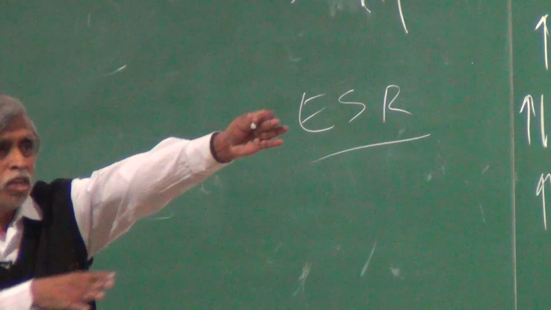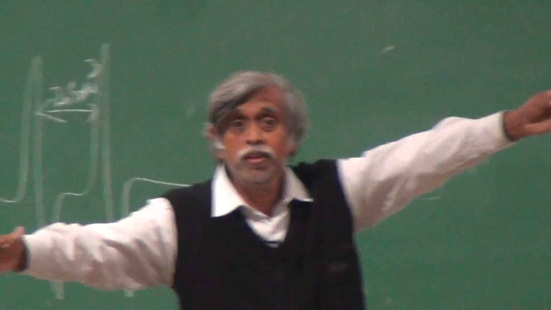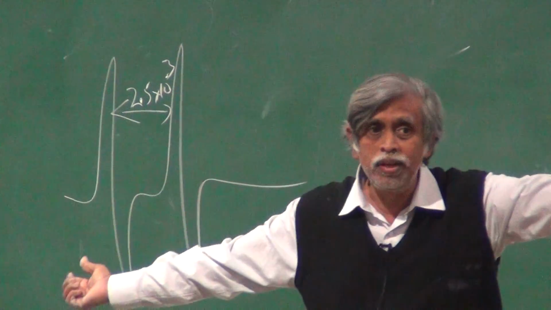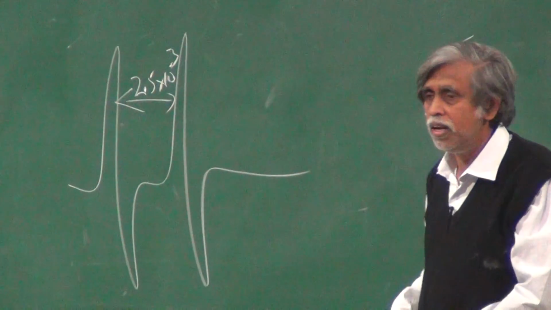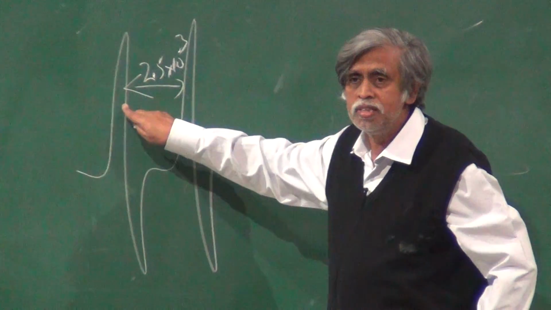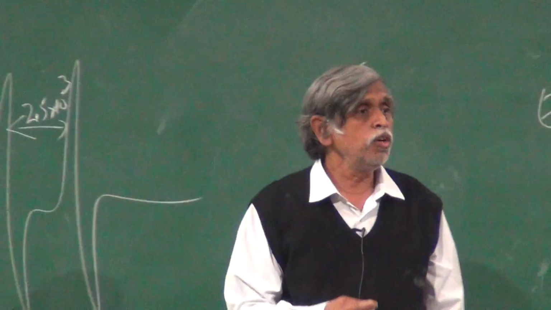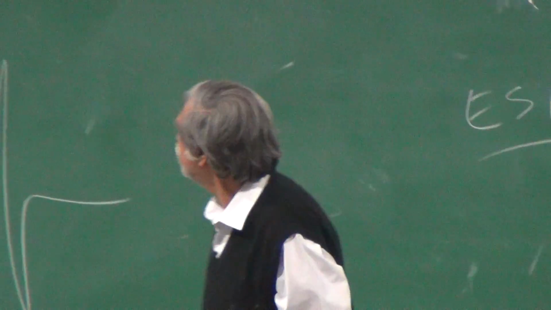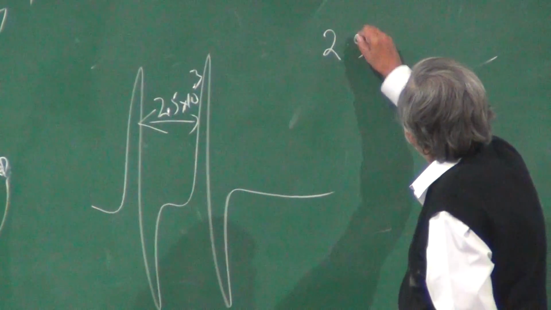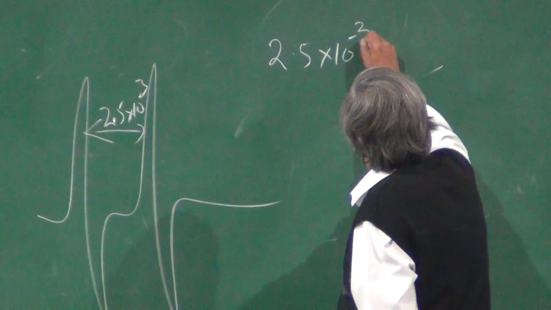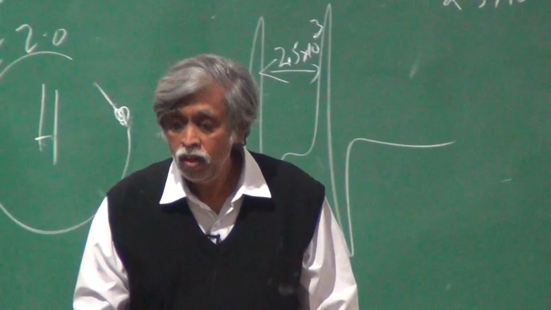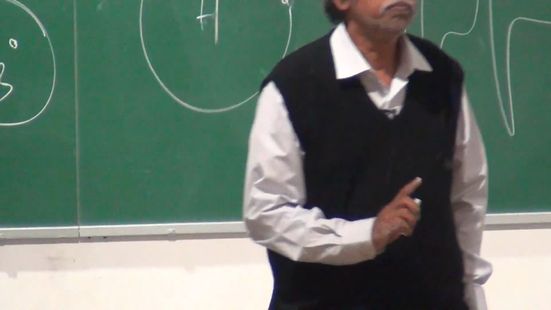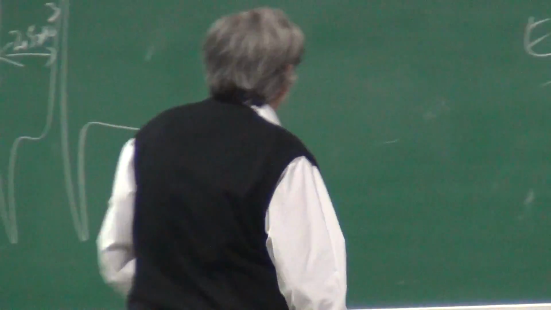You keep the frequency constant and move the field, and then you see where the resonances are hit. That's what you do here. To go from this resonance to this resonance, you actually have to travel through about 2.5 millitesla. So 2.5 millitesla is the splitting that I will see for the hydrogen atom, and that is my A.